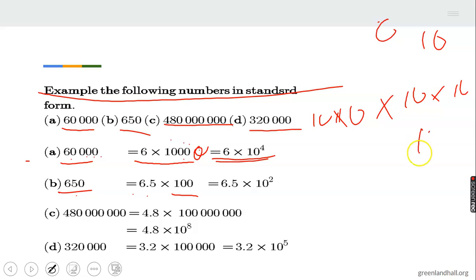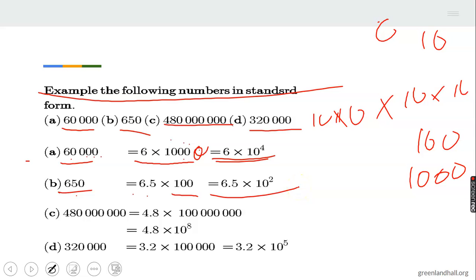If I have 2, that means it is 100. If I have 3, that means my number is 1000. Now, 650, that is 6.5 times 100 because I counted 1, then I added 5 to it. That is 2. That will be 6.5 times 100, which equals 6.5 times 10 raised to power 2.